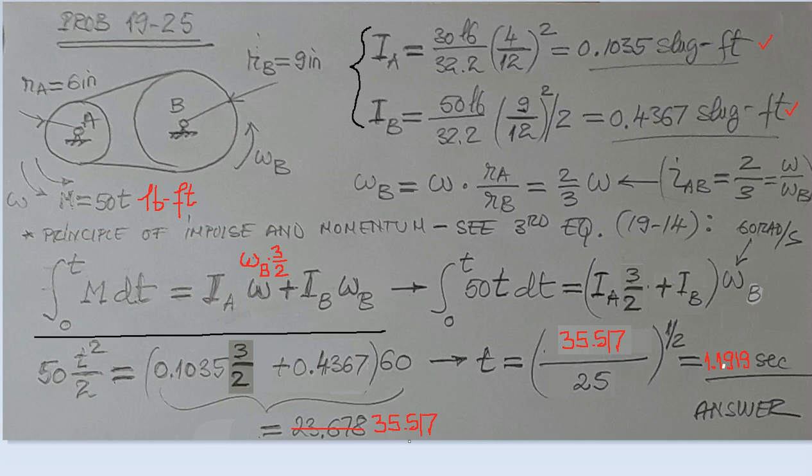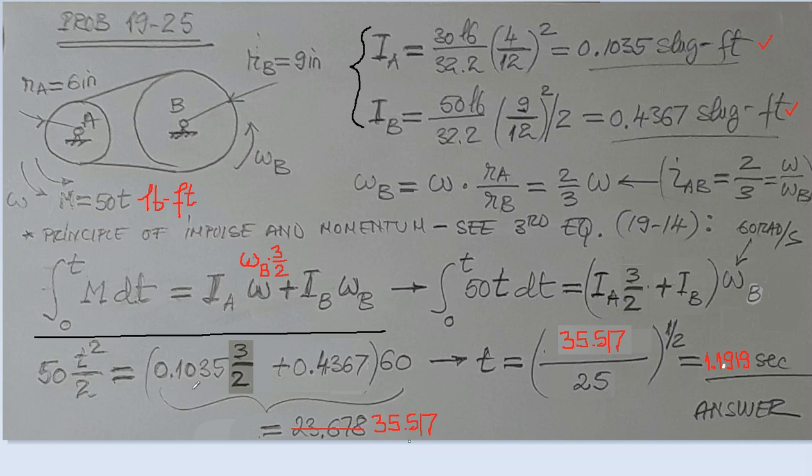Alright, so again, all started because I thought it's the input that has to be 60 radians per second. Actually, it was the output, the slower moving disk. So the answer that I got was, as expected, a bigger number. Longer time. Okay, so we've got the left hand side, this integral 50t squared over 2. This is essentially 25 times t squared.